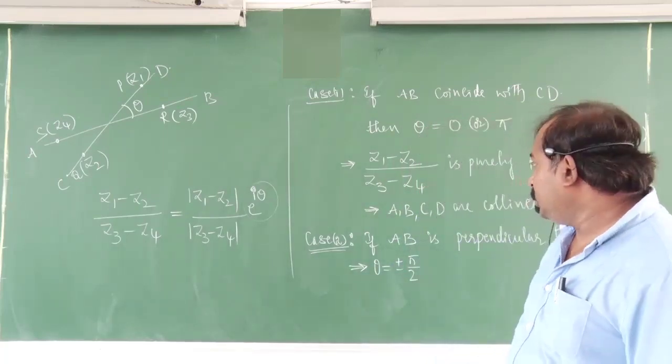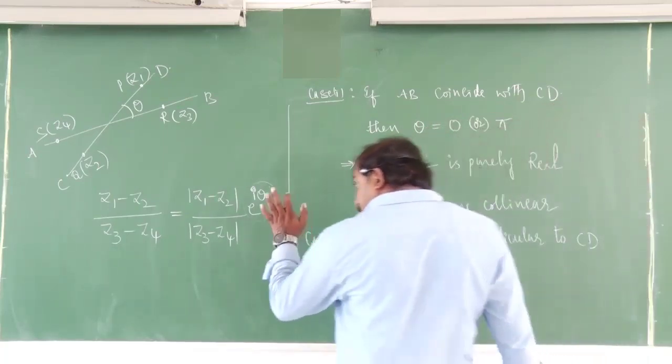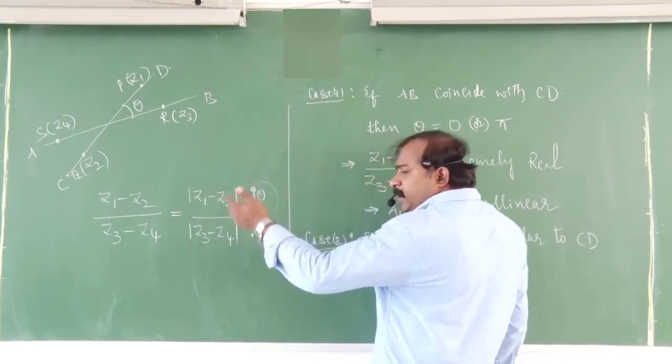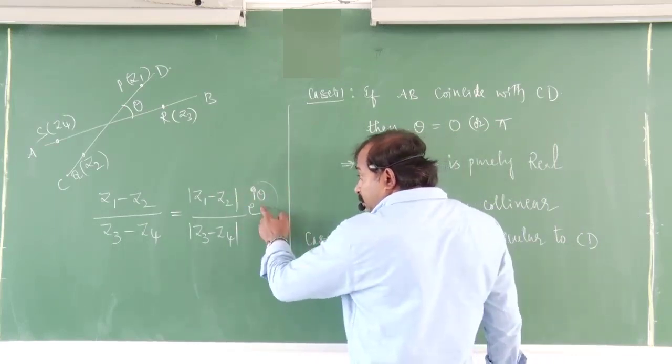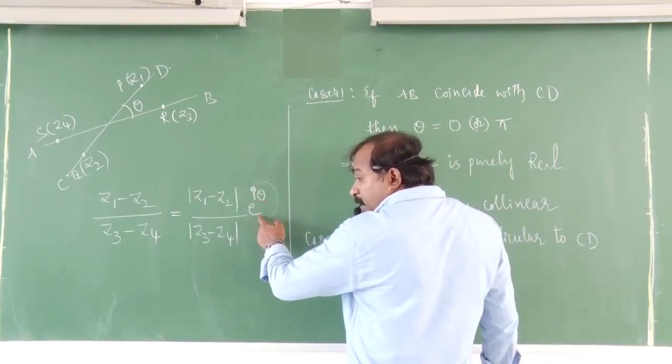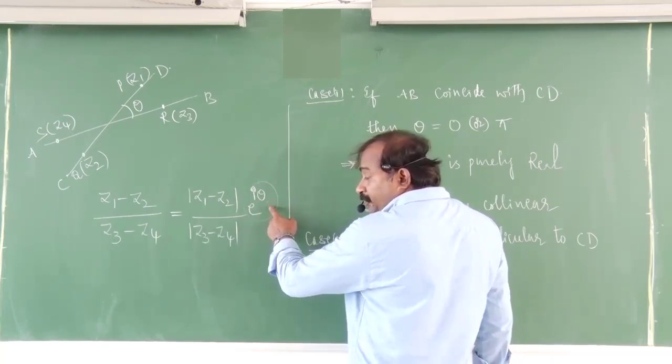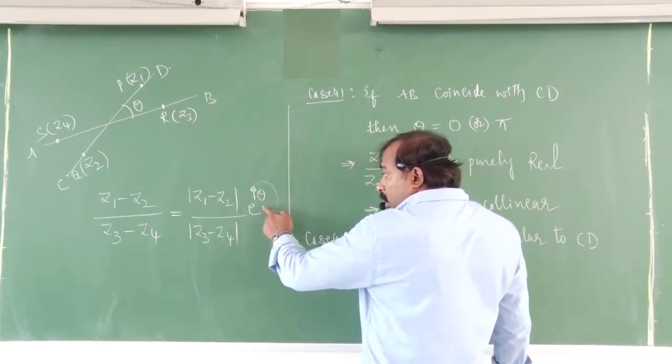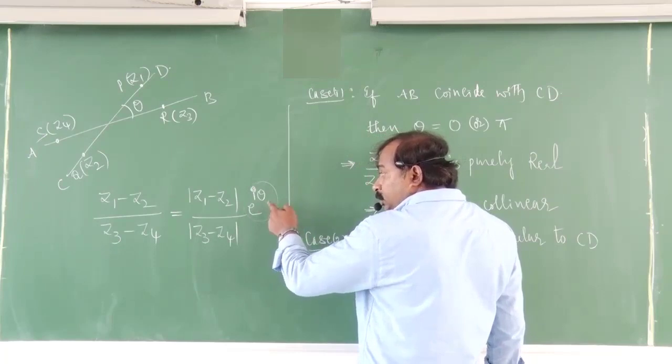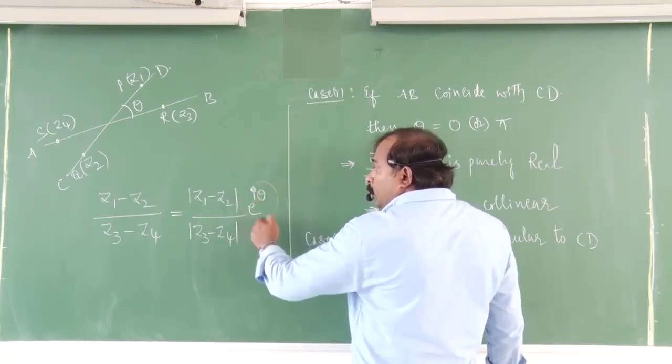Plus or minus pi by 2. If it is plus or minus pi by 2, okay, take plus pi by 2. Then what is the value? e power i pi by 2 is cos pi by 2 plus i sin pi by 2. Cos pi by 2 value is 0, i into sin pi by 2 is i into 1, iota. So the whole value is iota.